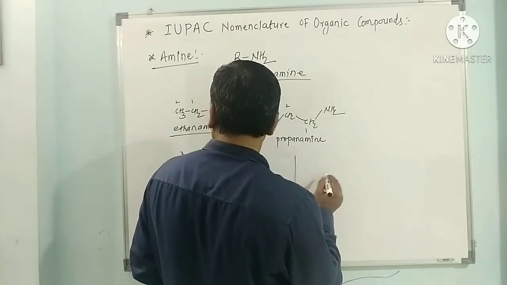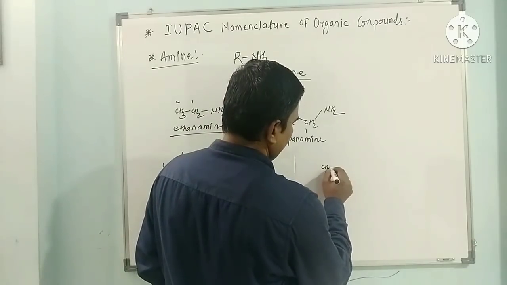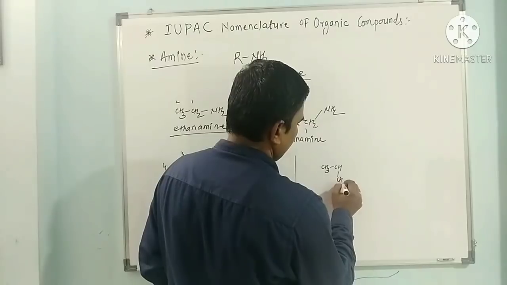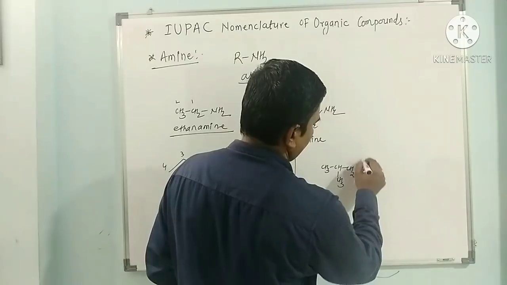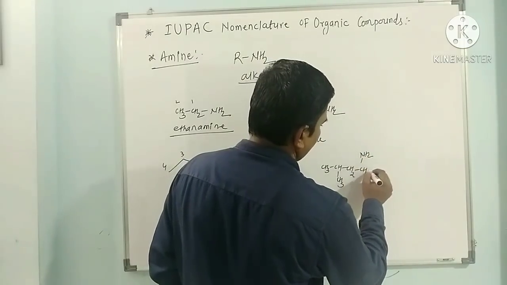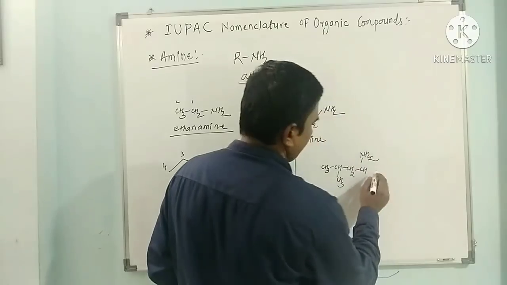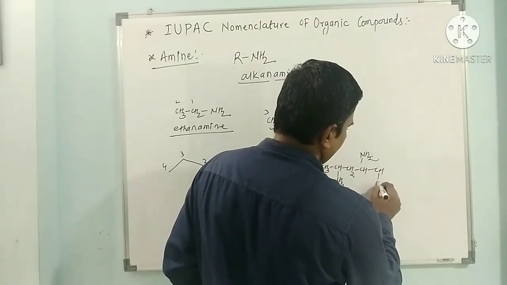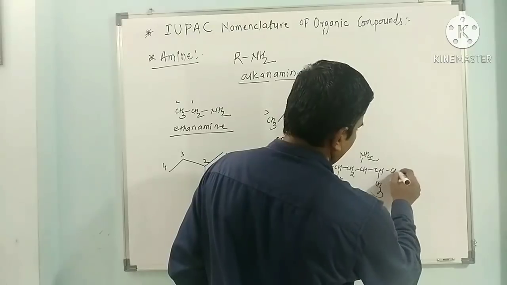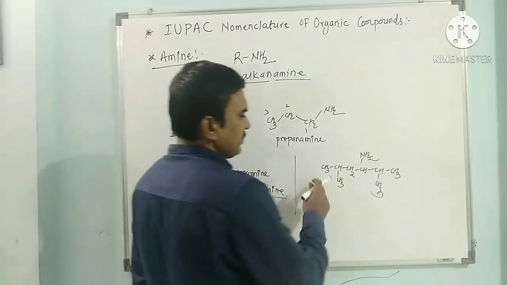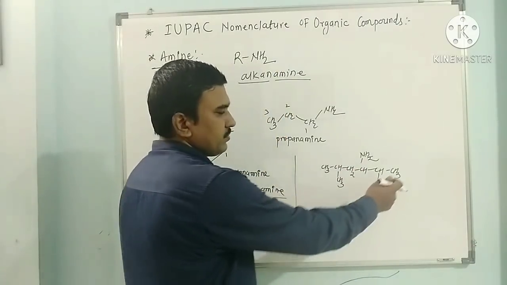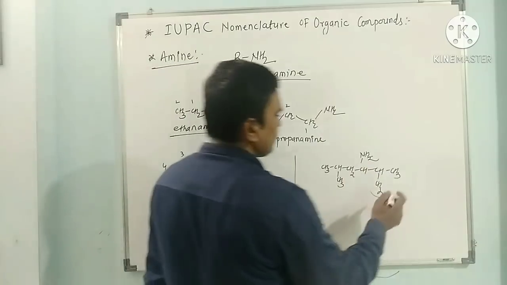Next, NH2, CH, CH3, CH3. Now see, here if we start numbering from this side, this will be the fourth one. If we start numbering from this side, this will be the third one.